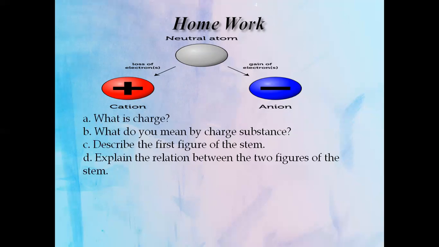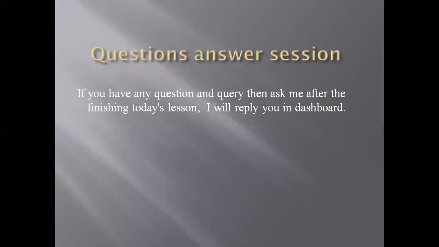The two figures are a cation and an anion, and at the top there is a neutral atom. The positive ion is called a cation and the negative ion is called an anion. You must explain some relations between the cation and anion.